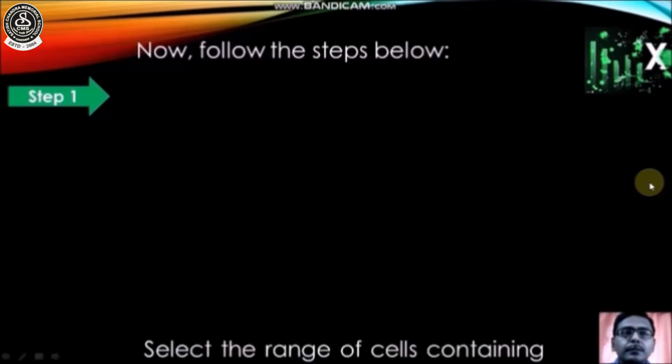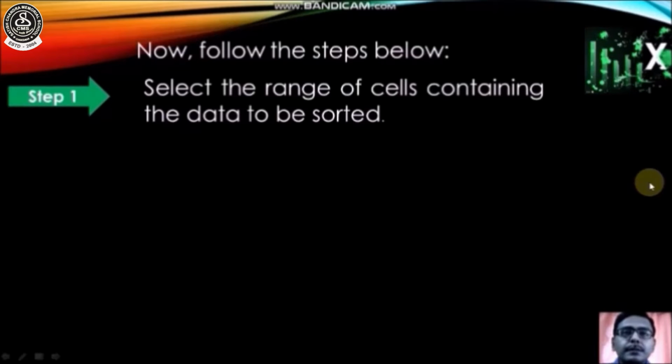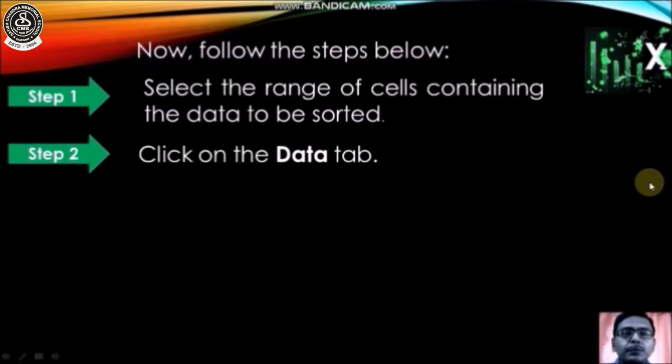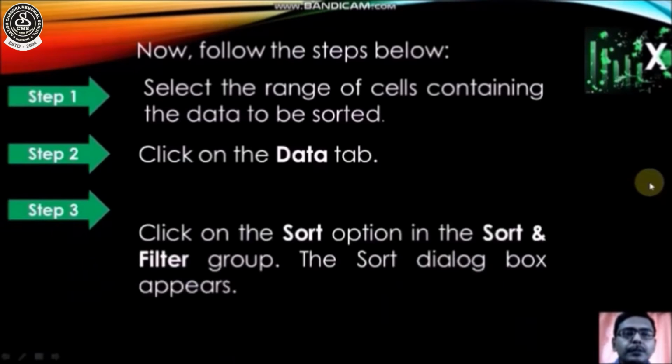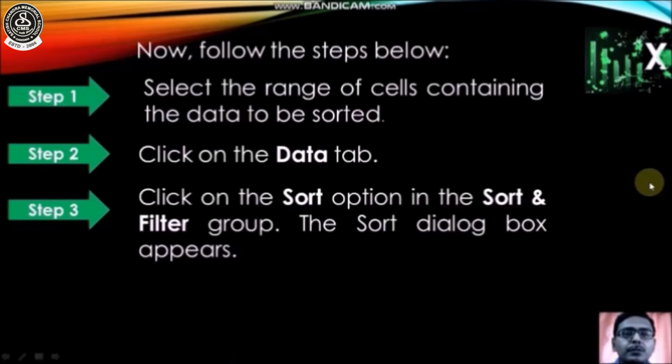Step number 1, select the range of cells containing the data to be sorted. Step number 2, click on the Data tab. Step number 3, click on the Sort option in the Sort and Filter group. The Sort dialog box appears.